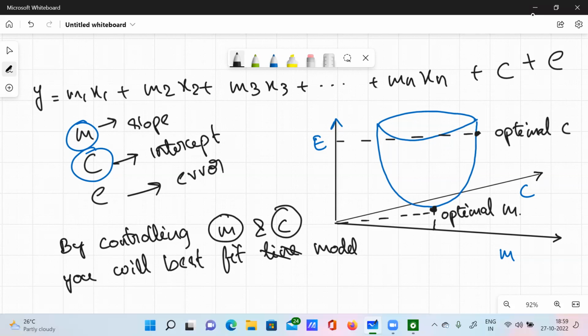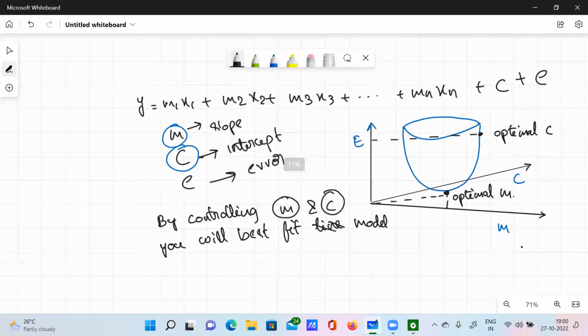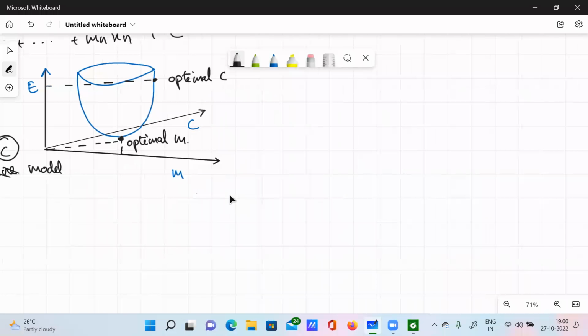So how do you get that? I'll tell you. When you first start the linear regression algorithm, it will usually assign some random values for M and C. For example, if I take this parabola here, this is the parabolic shape.